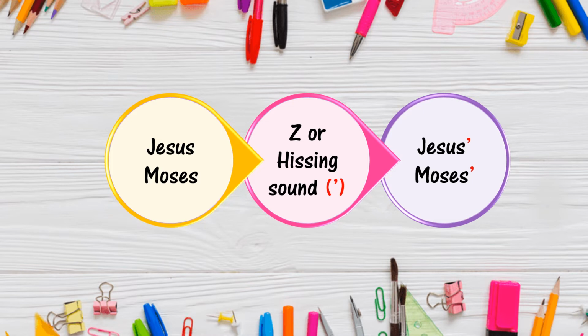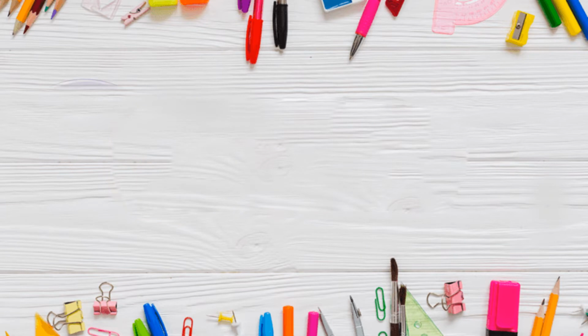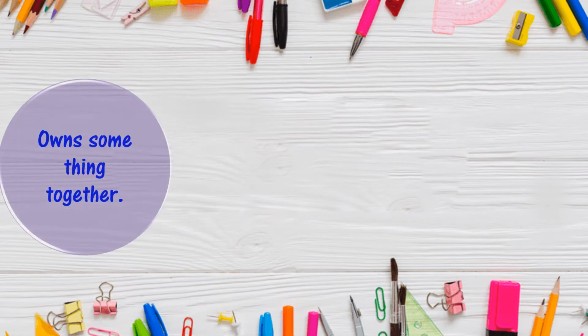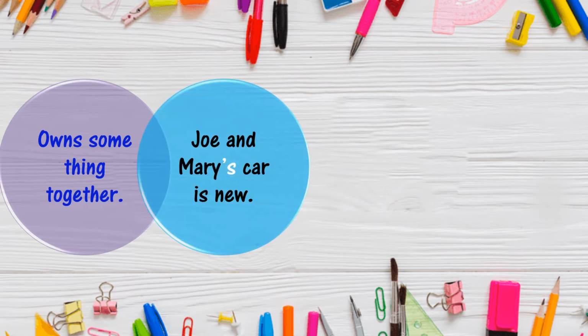Now one more thing to remember, children. If two people own something together, use an apostrophe S after the second person only. For example, Joe and Mary's car is new. That is, both Joe and Mary own that car. So you have put apostrophe S to the second person, that is Mary's.